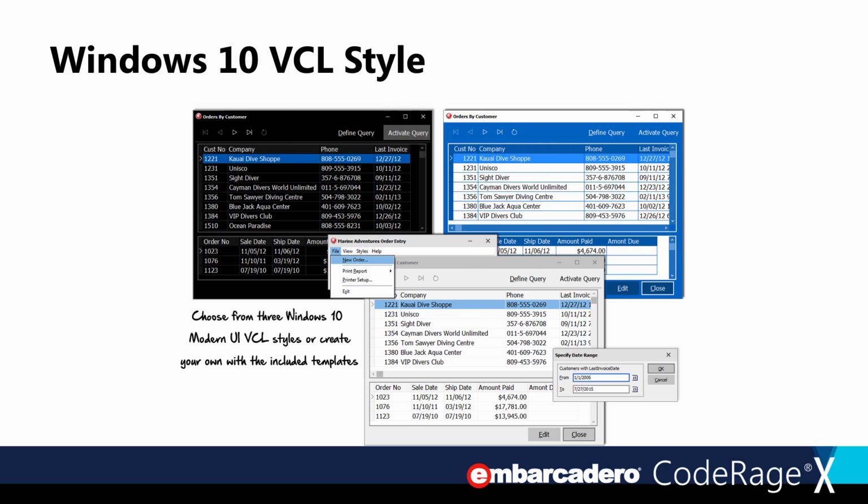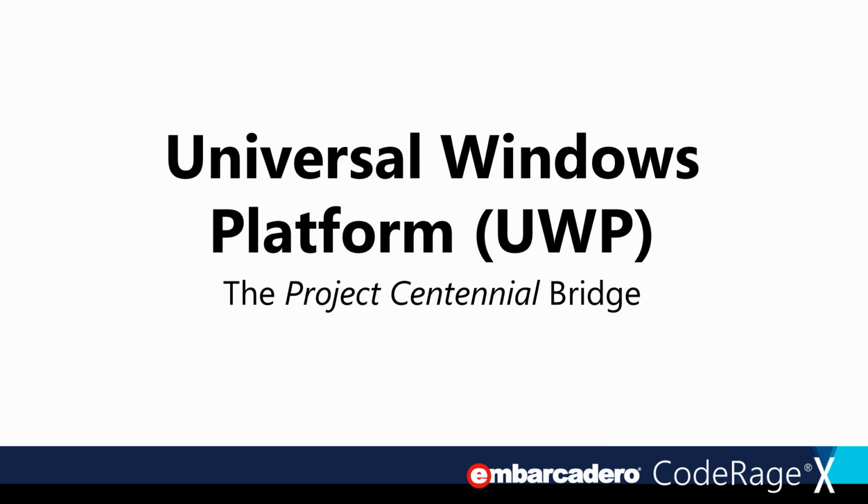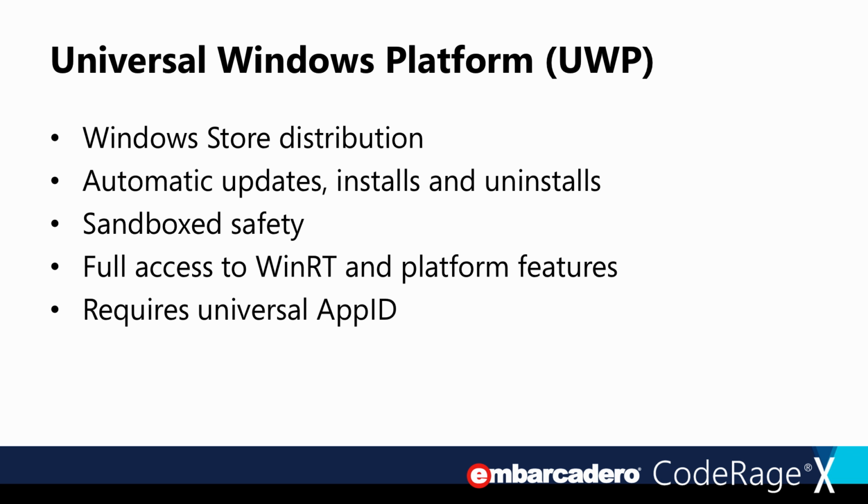Now let's talk about the Universal Windows Platform, or UWP, and the effects of the Project Centennial Bridge. The Universal Windows Platform is kind of an umbrella name that includes a lot of things, but specifically it includes the ability to distribute your apps through the Windows Store.